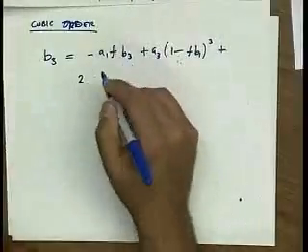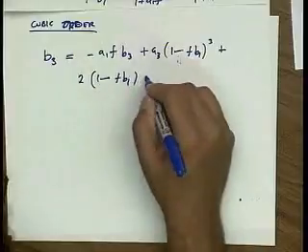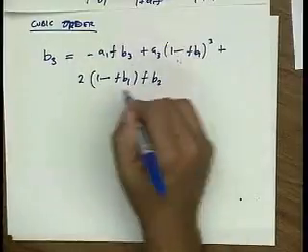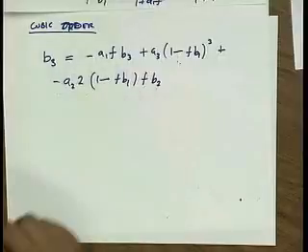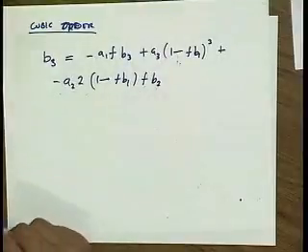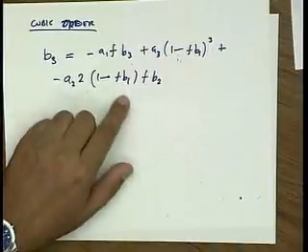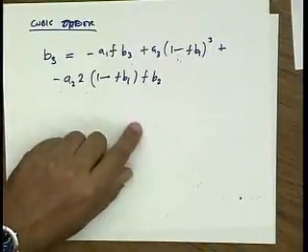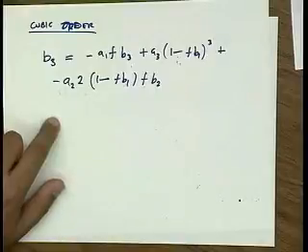So I get 2 times 1 minus FB1 times FB2, and there's a minus sign. Okay. Let me make sure I didn't make a mistake. Otherwise, you'll be wasting your time. That term looks right. That term looks right. And that term looks right as well.